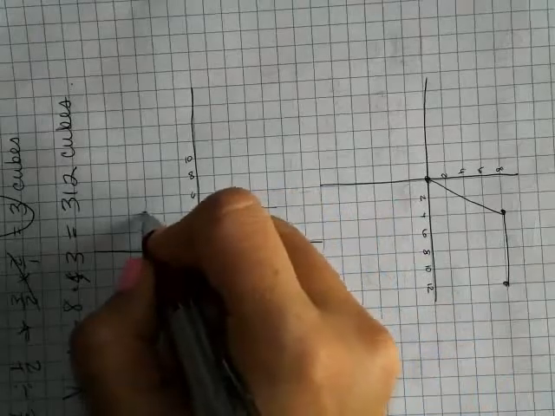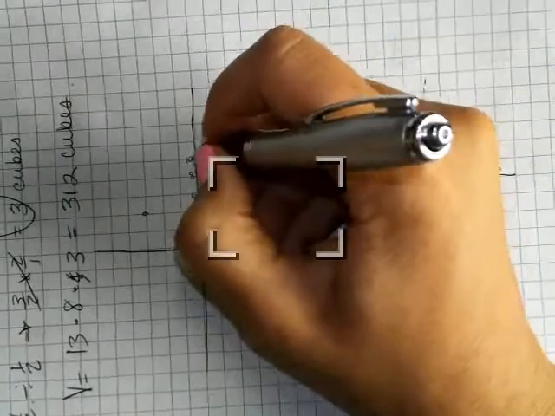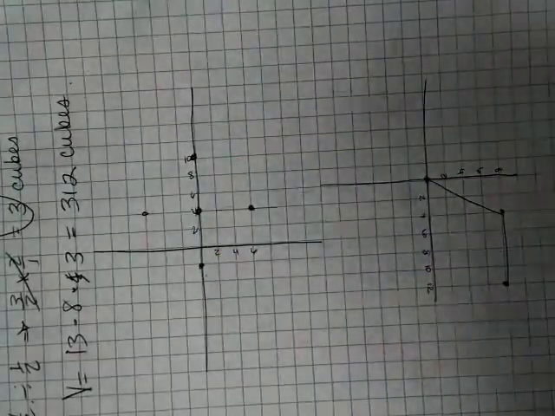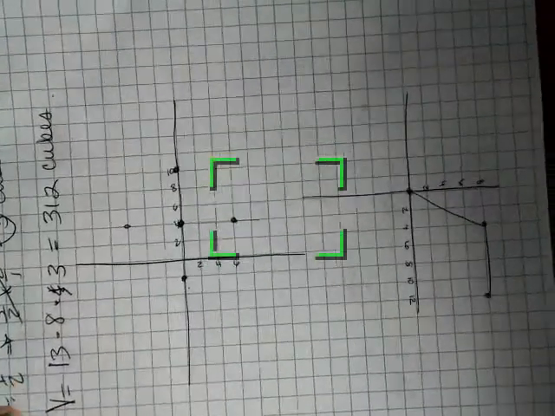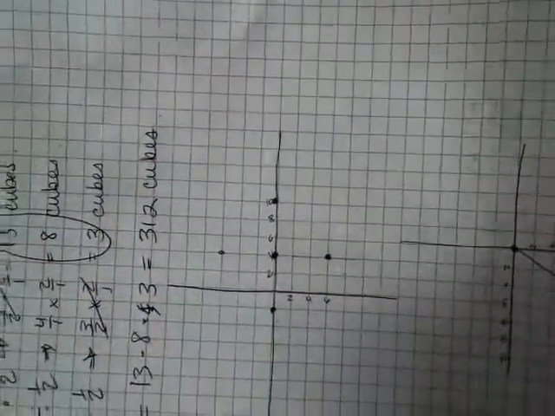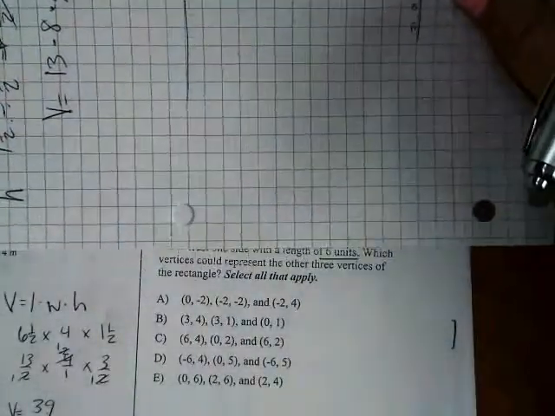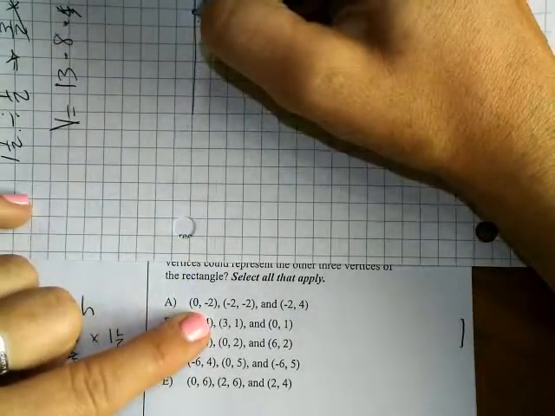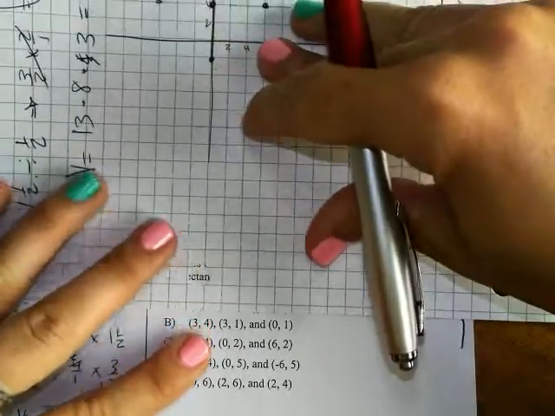That means the rectangle, this point, this point, and this point all have to be in one of your answer choices. Okay, now, if I look at my answer choices here, I see 0, -2. So that means if I have a point here, that's for sure. Oh, sorry, you couldn't see that.